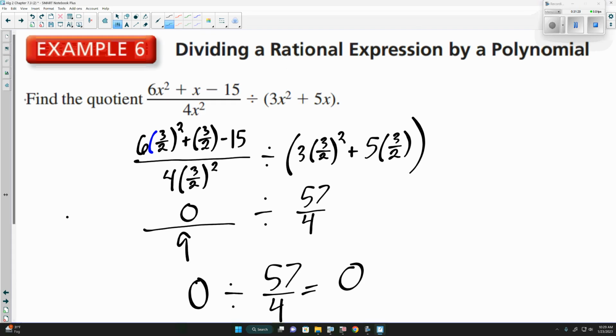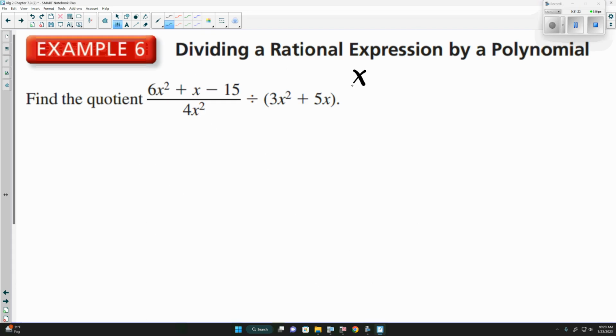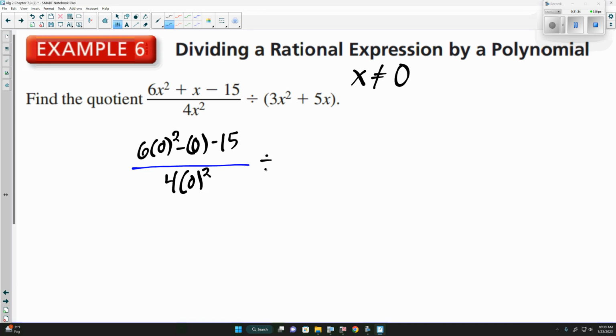Now, what we said x could not be 0, yes? So we already had it. So 6 times 0 squared minus 0 minus 15 over 4 times 0 squared divided by 3 times 0 squared plus 5 times 0.